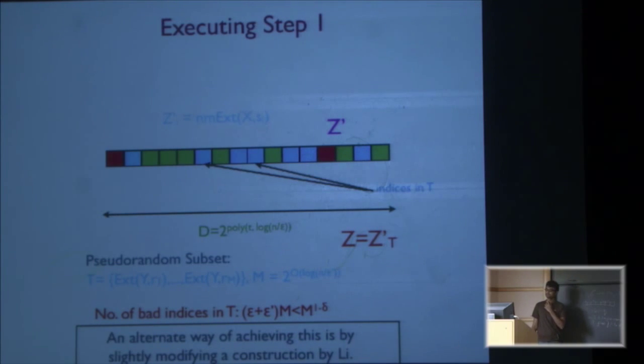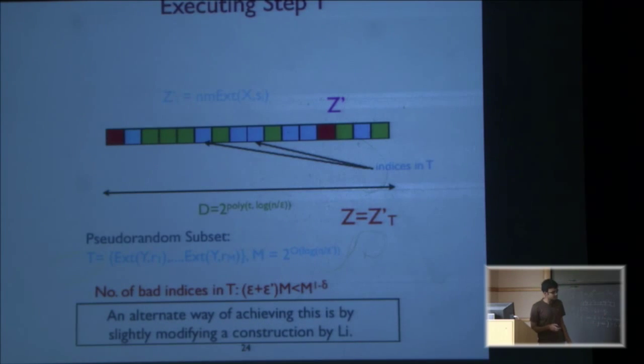I think the argument there needed really small error for the extractor, is that right? Our extractor has polynomially small error, so I think I checked that, but still.